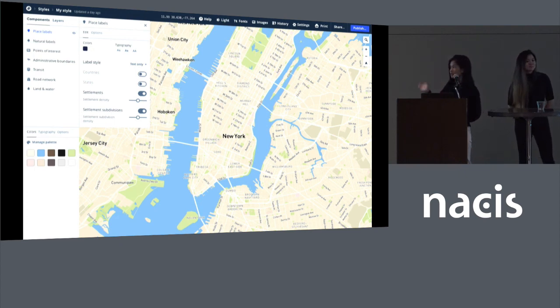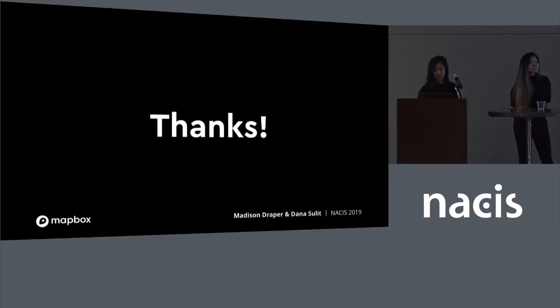It's just, as you see here, a simpler editing interface that prioritizes the most intuitive and impactful design controls. Up top, you have this simplified semantic interface dealing with place labels that has a number of toggles and sliders. And then below you have this comprehensive color palette that shows you the scheme of your whole style.